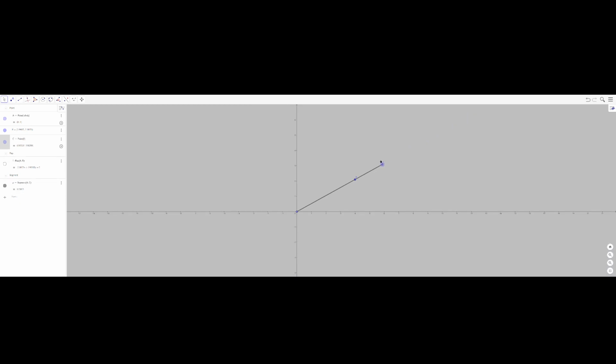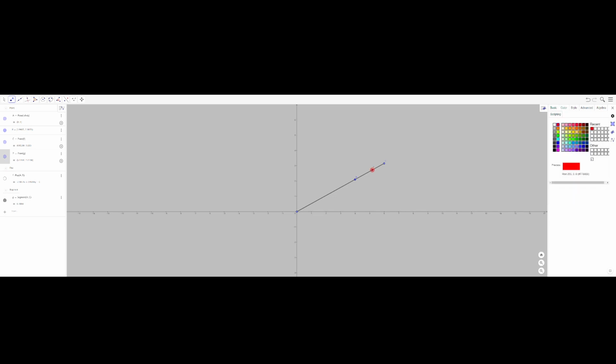Sorry, not C. I want an additional point. That I will call that one P. Make it a different color. There we go. Some funny point there. Let's see. This point does something different.